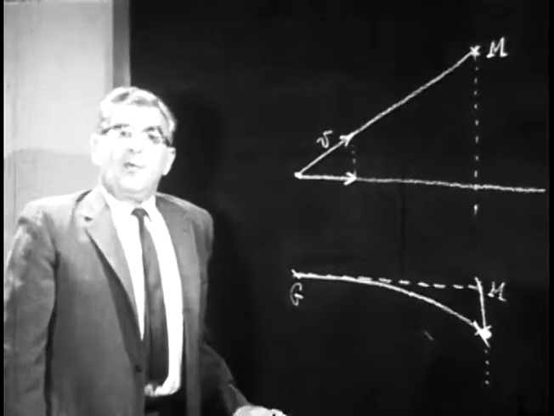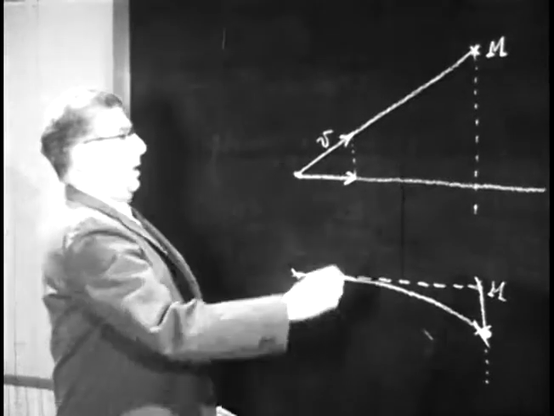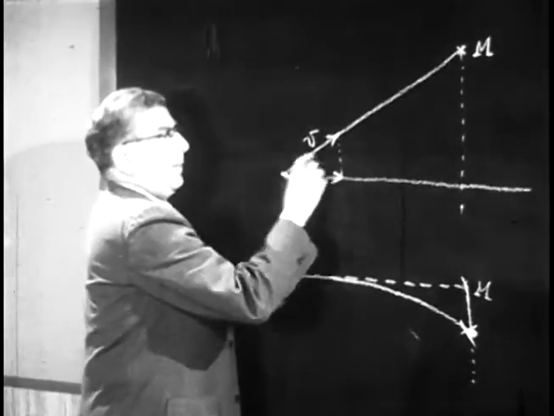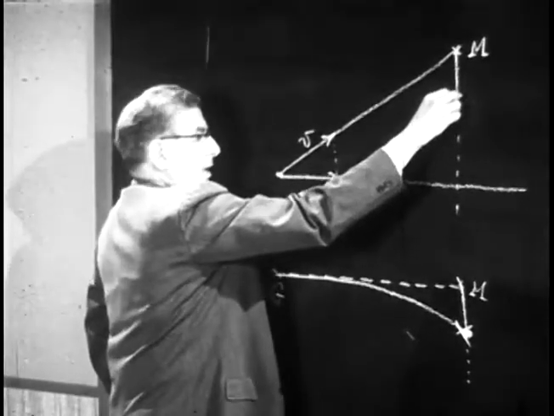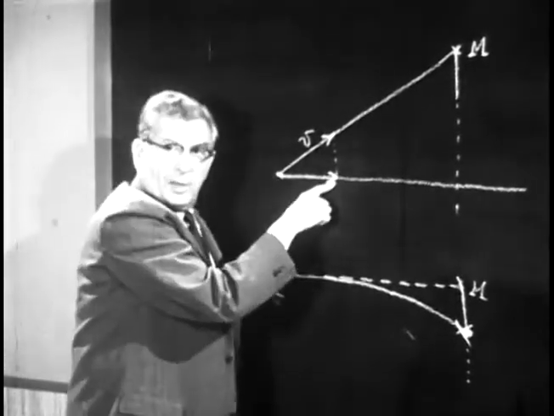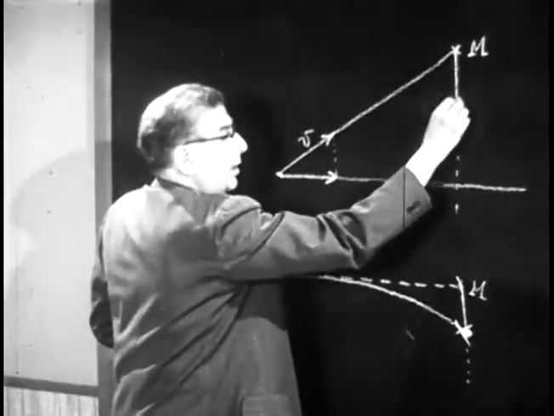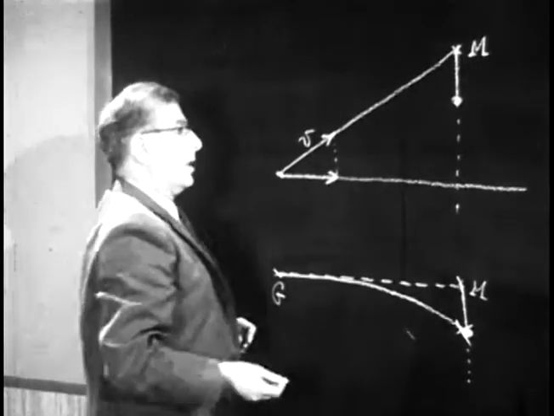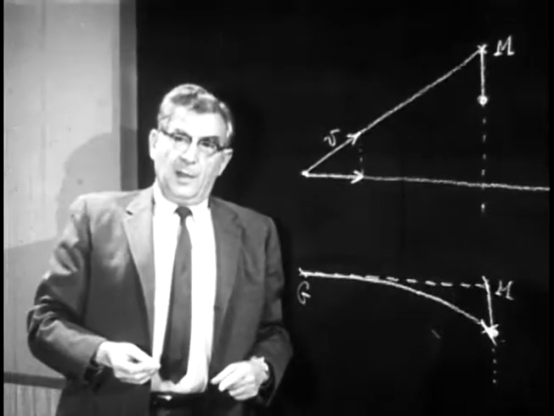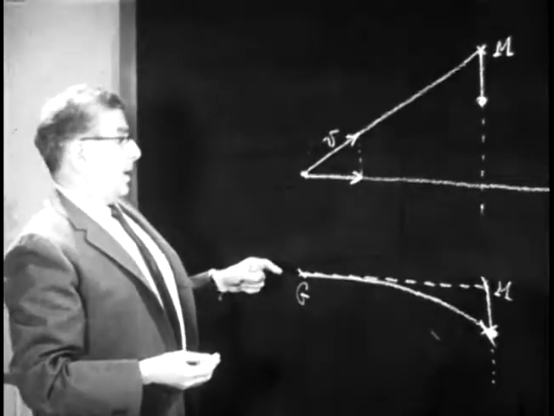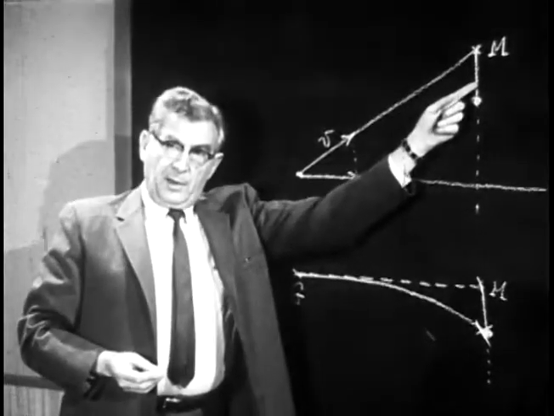All right, what happens now in the real case? In the real case, you fire, the monkey starts falling. In a certain time, a time determined by this component of muzzle velocity and this distance, the monkey will fall to here. The bullet will no longer travel along this straight line, but will have a vertical downward acceleration exactly the same as that of the monkey.